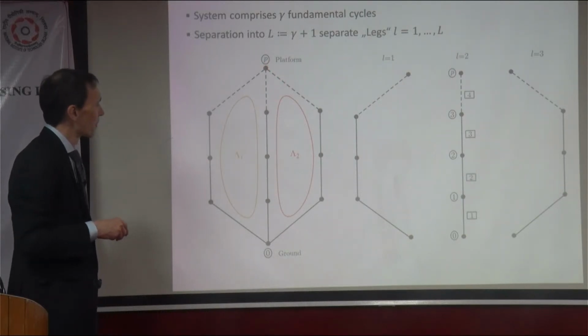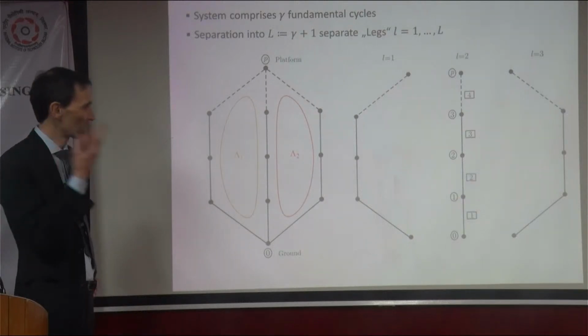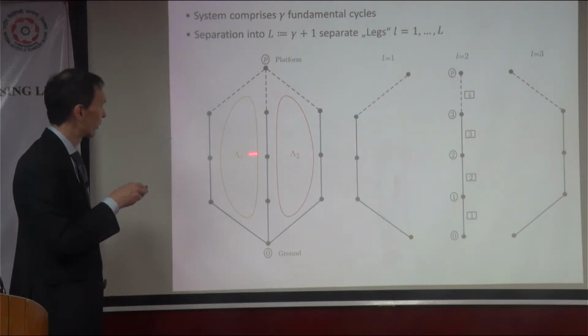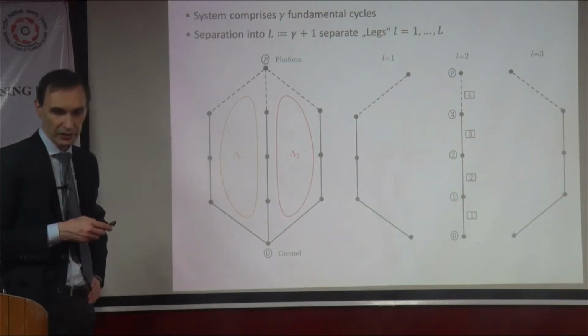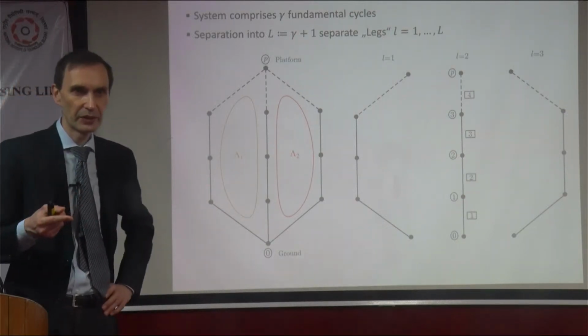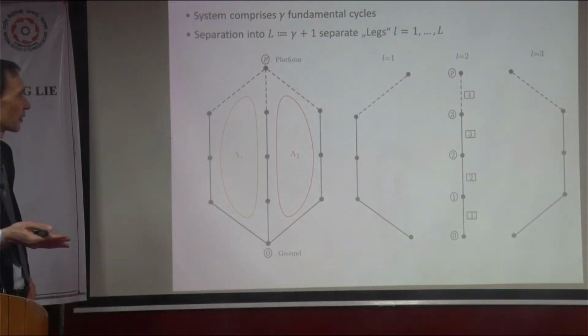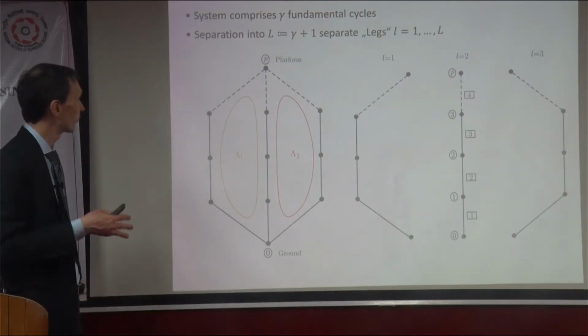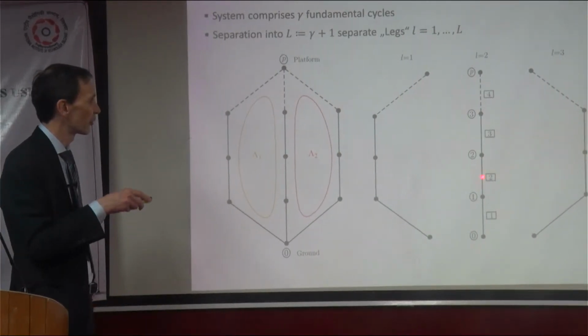Okay, and when you have such a topological graph with, for example, gamma fundamental cycles, and remember this gamma was this Euler number or cyclomatic number, which is just the number of fundamental cycles, which is unique for the graph once you have given the number of nodes and edges.